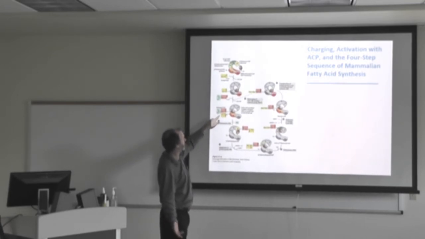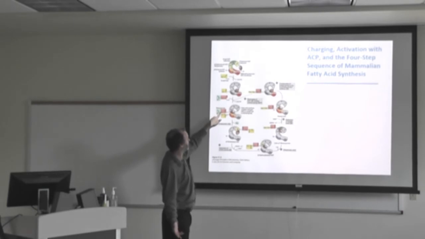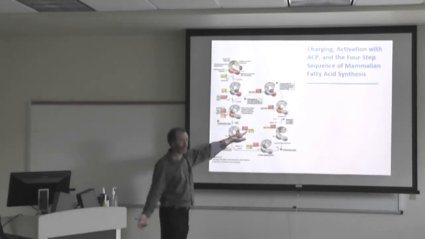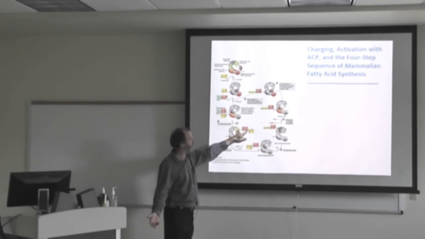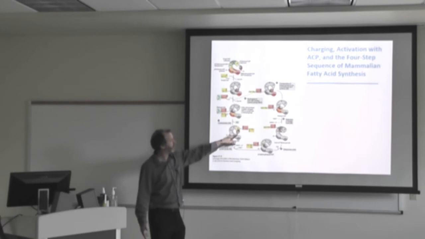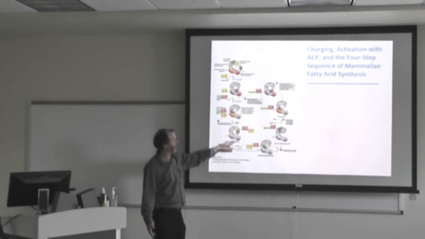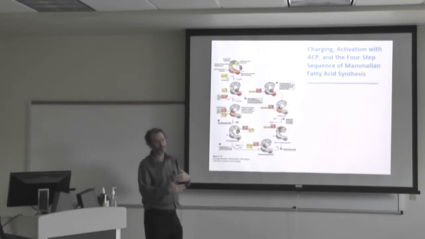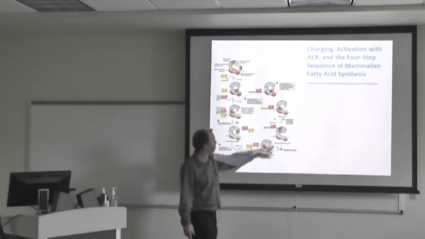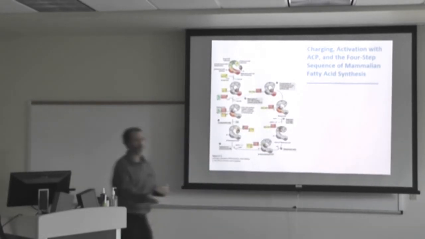And then you can get condensation, decarboxylation here, which yields the condensation reaction, and then the beta keto acid is bound to that acyl carrier protein, and it'll go from one active site to the other on the acyl carrier protein for the rest of the process.